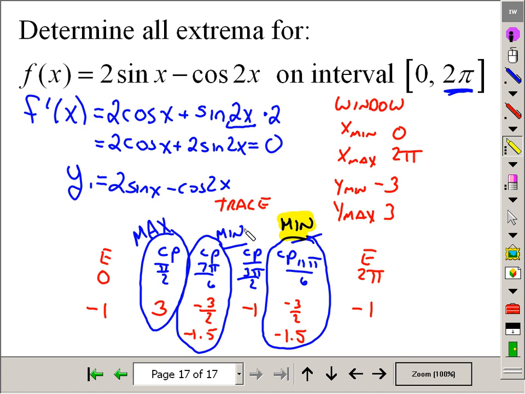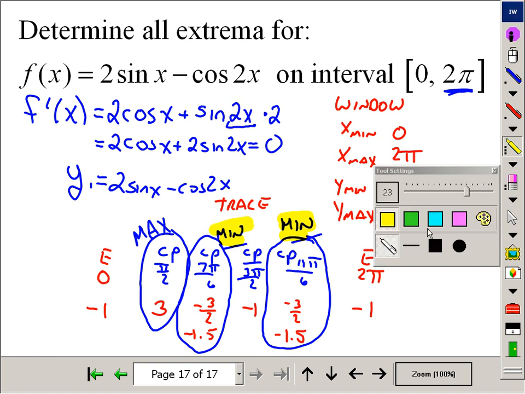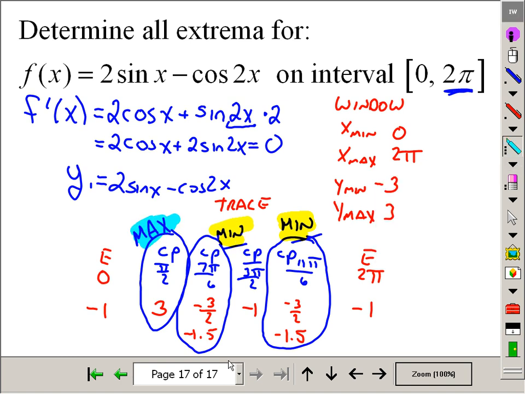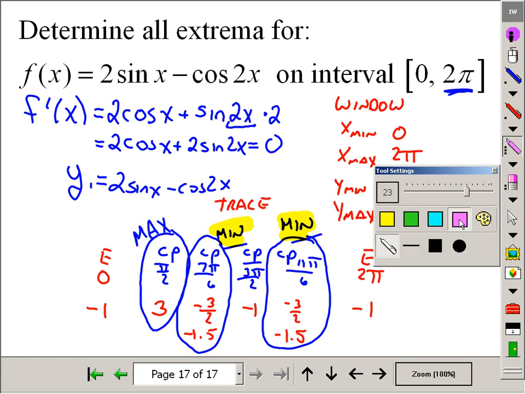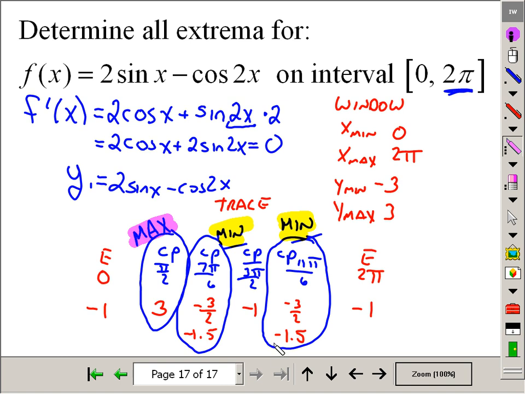In this case here, we came up with 2 different minimum values and 1 maximum value. Ugly color. Let's fix that. 1, that's nicer. 1 maximum value.